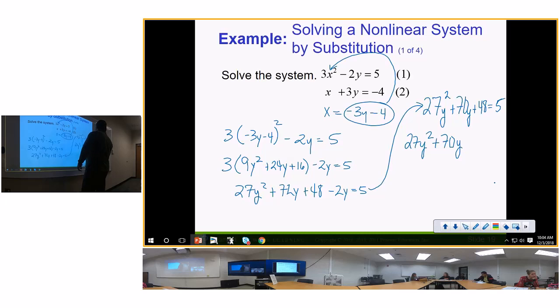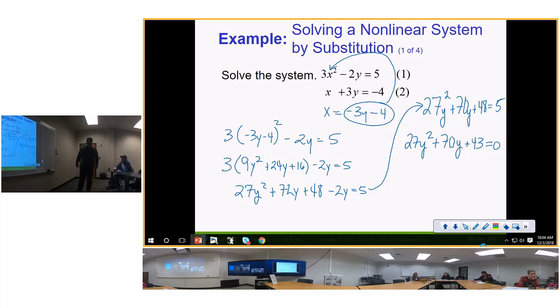What's 48 minus 5? 43? Is equal to 0. And of course, you would start by using your quadratic formula to solve that one. Now, the good news is I probably am not going to give you any of these on the test. I'm going to give you one that's real simple. What I mean? Well, I'll show you.